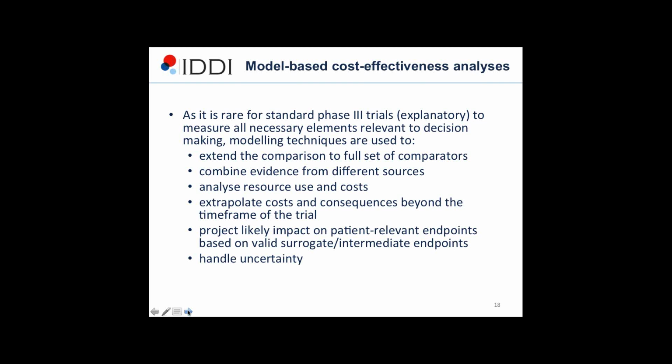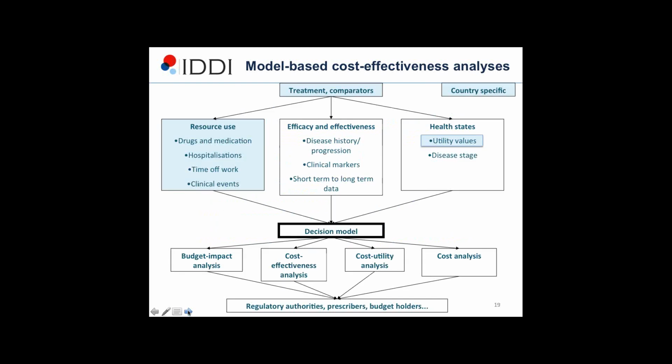It is important within this model to take into account the uncertainty around the parameters used in the model, as well as more structural uncertainty. And this is a representation of, again, what is needed to build a decision model.